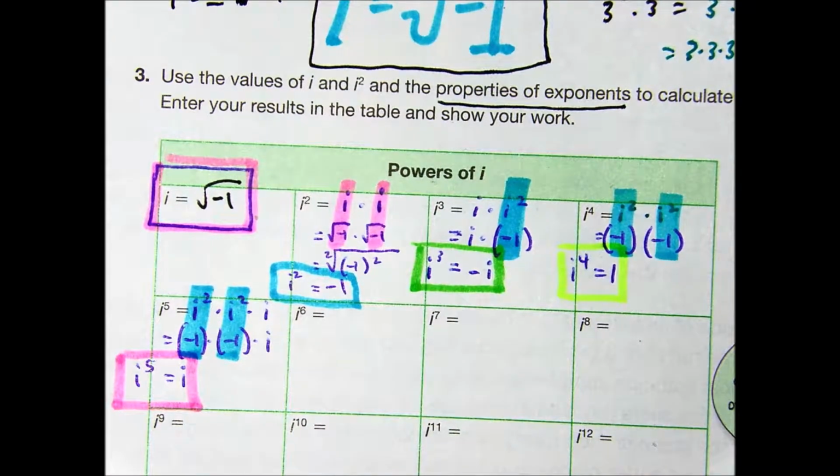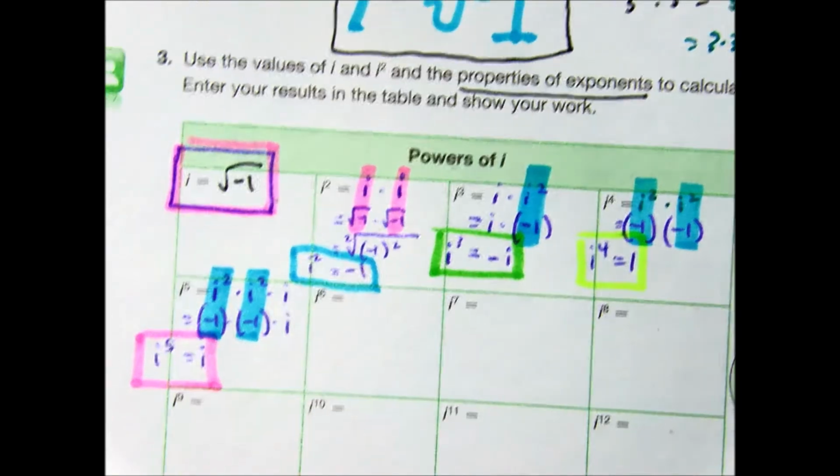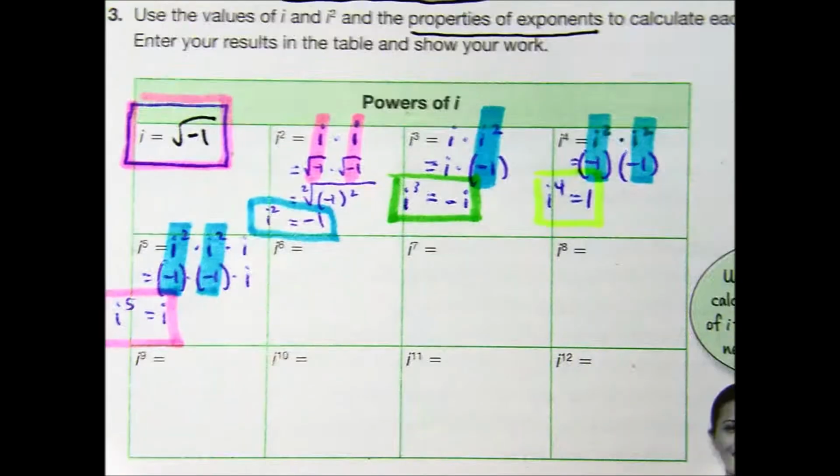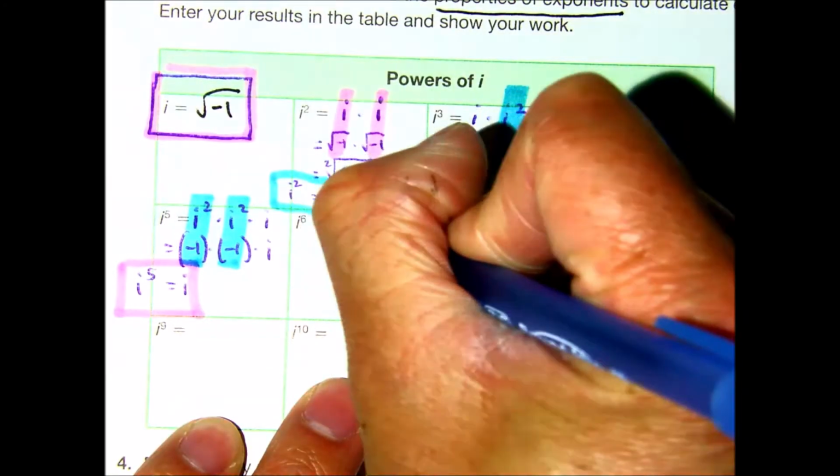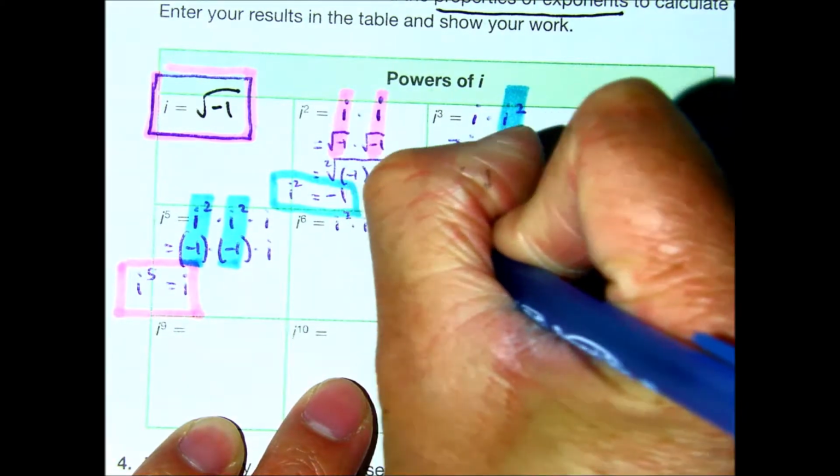Jeremiah. i to the 6th power is equal to? Correct. We learn in exponents when you're multiplying the same base, the i's, you just add the exponent. So that will give you i to the 6.